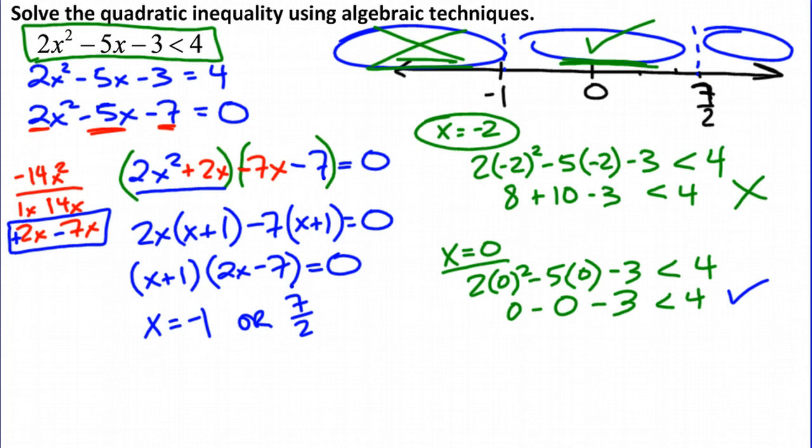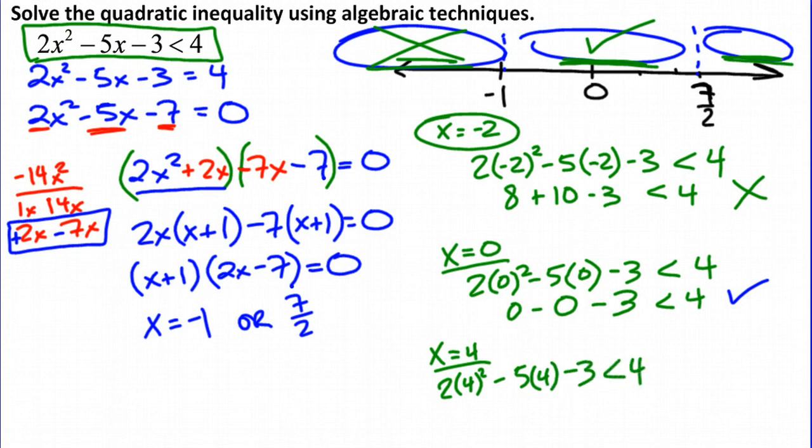The last section we'll try is over here on the far end where we're greater than 7/2. And the values that work there are going to all either work or not. So we're going to select one value over there. I'm going to choose 4. And 4, when we plug it in, would be 2 times 4 squared minus 5 times 4 minus 3. And we want to see if that's less than 4.